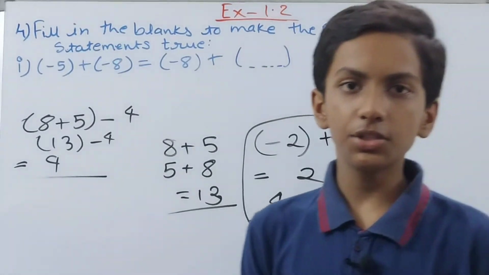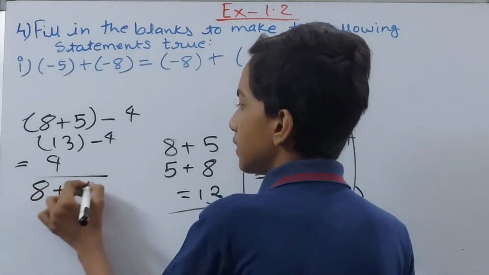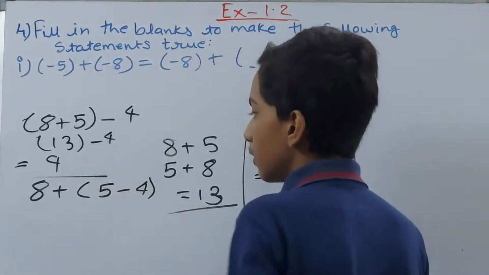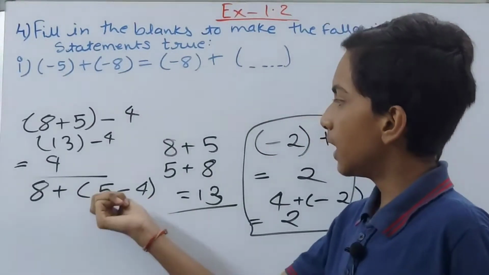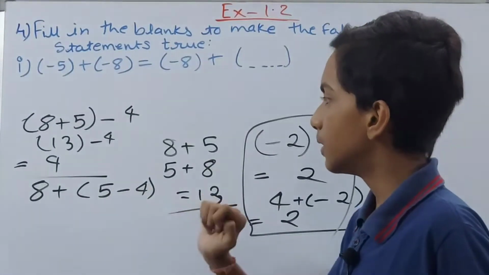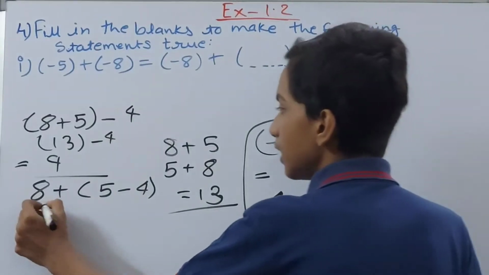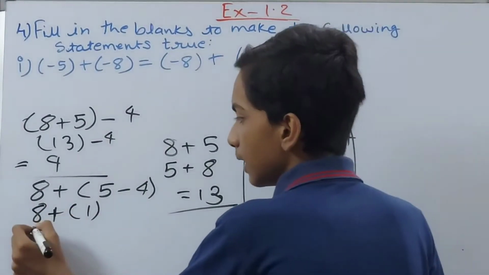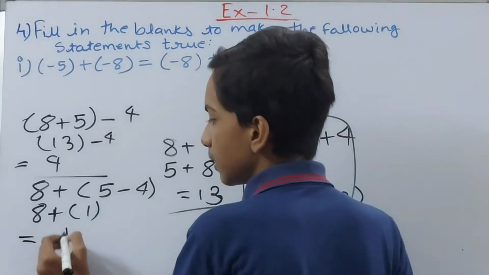But what if I change this thing? Suppose I say 8 plus (5 minus 4), and this is grouped together, right? Now you can see over here this bracket we solve first, so 5 and minus 4 will be 1, 8 plus in brackets 1, so 8 plus 1, you open that bracket up, you get 9 as the answer.